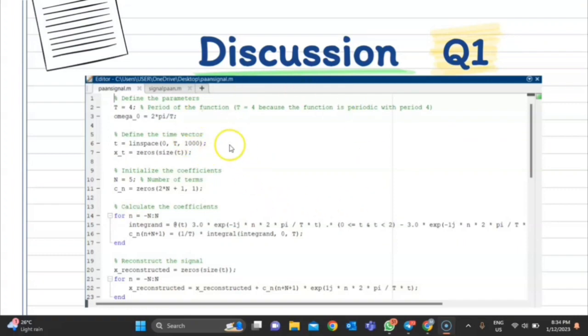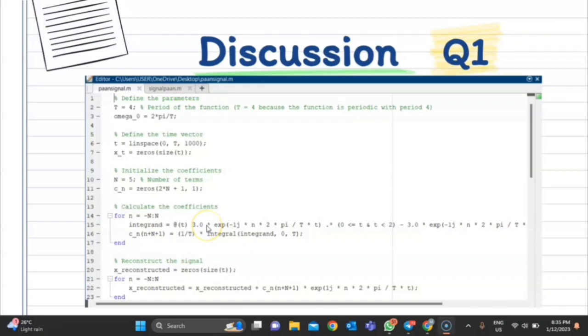So this is our coding. First, we define the parameters, and the value of T is 4, and we analyze the coefficients. The n value is 5. Next, we calculate the coefficients. The value of amplitude is 3.